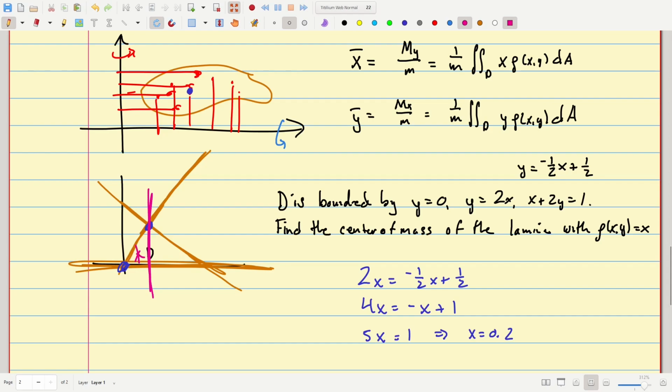I'd have to do this type 1 region, then this type 1 region. And 0.2 here for x would be the place where I break it up into 2 different iterated integrals. I don't want to do that. So it's better if we go this way.